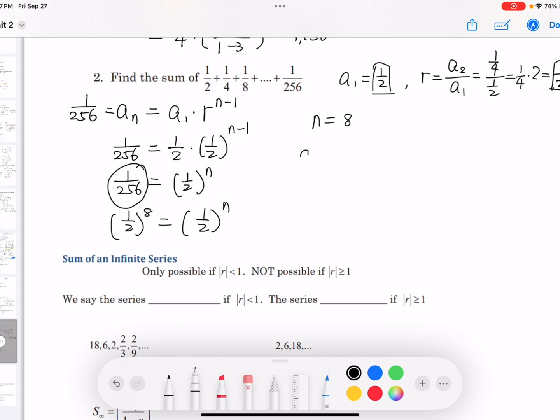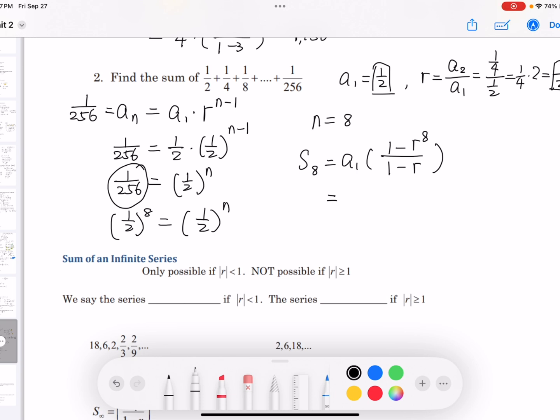So S sub 8 is equal to a sub 1, which is 1/2, multiplied by 1 minus r to the 8th, all divided by 1 minus r. Okay, plug in the information.